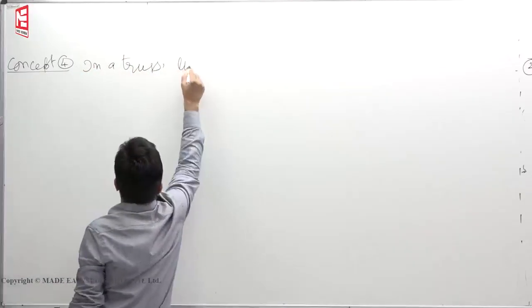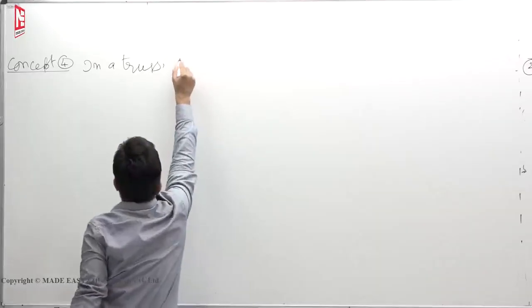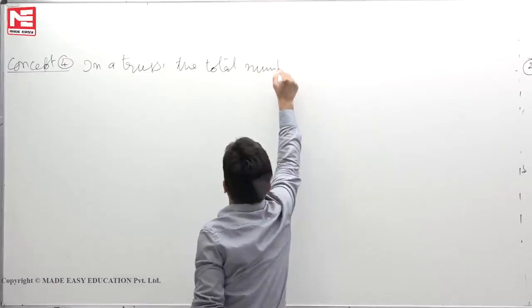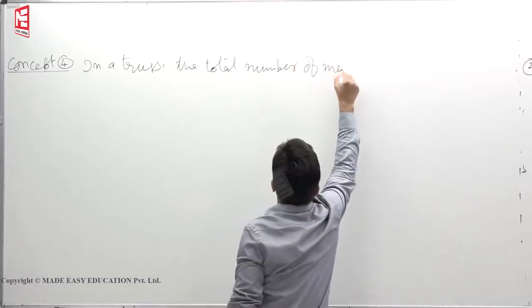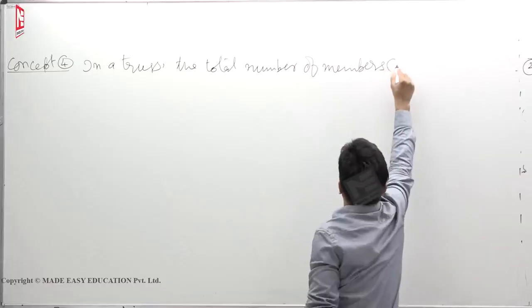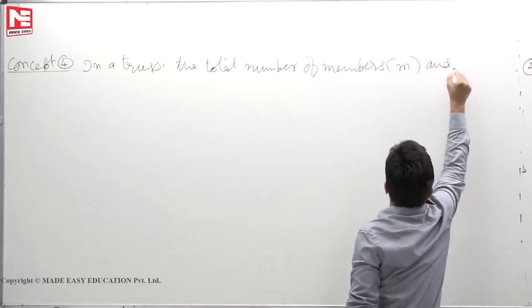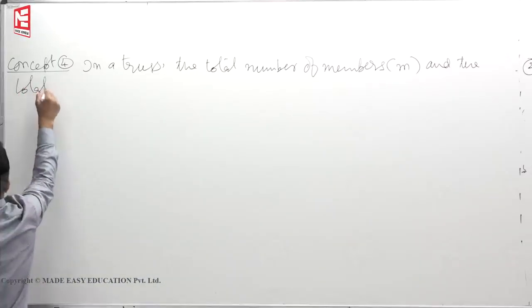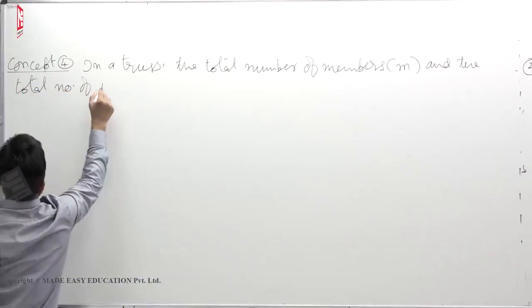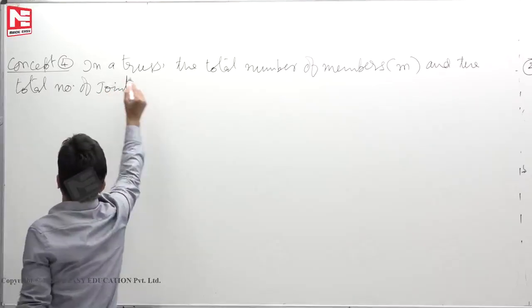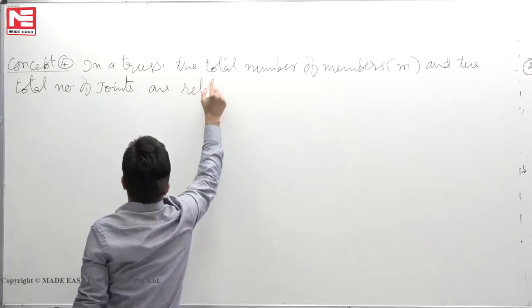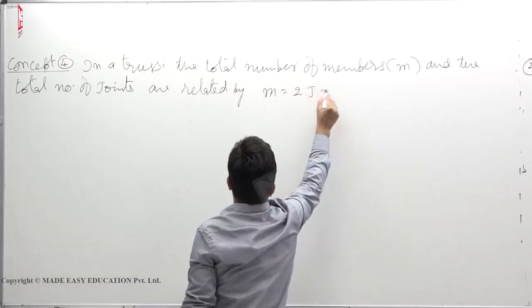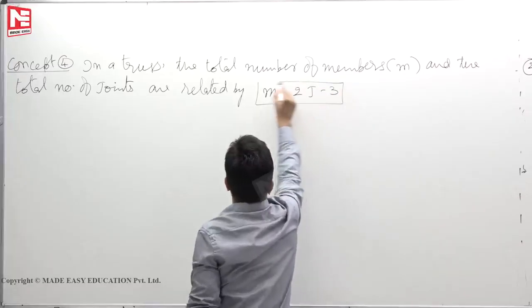In a truss, the total number of members and the total number of joints are related by m is equal to 2j minus 3.